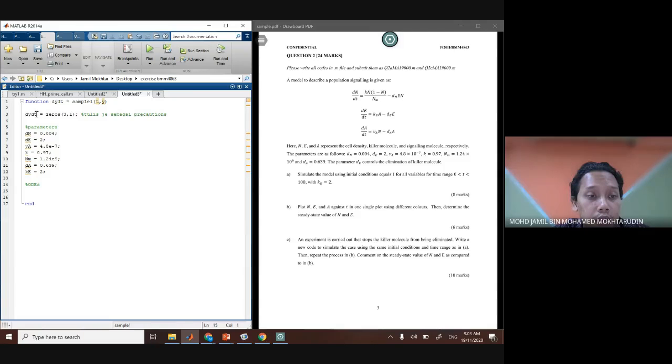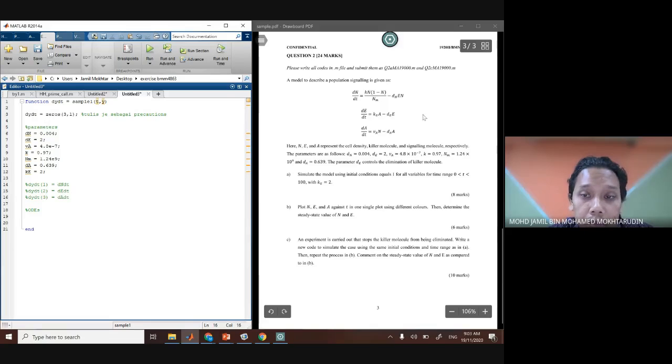So dekat sini kita kata ODE itu dalam bentuk dy dt, okay? Meaning that dy dt 1 equals dN dt, dy dt second or 2 equals dE dt, and dy dt 3 is dA dt, okay?